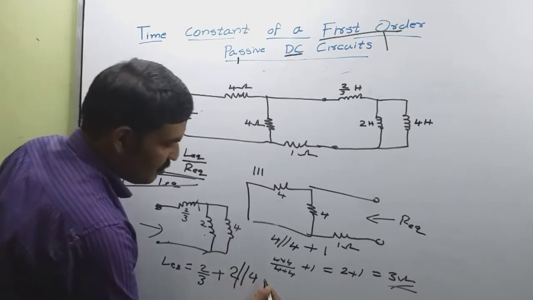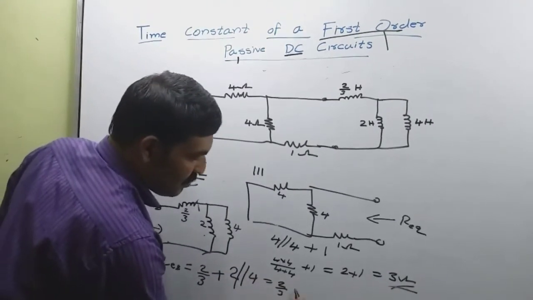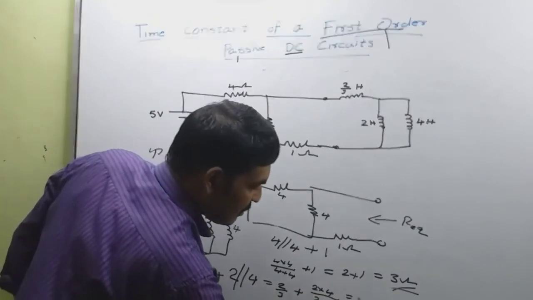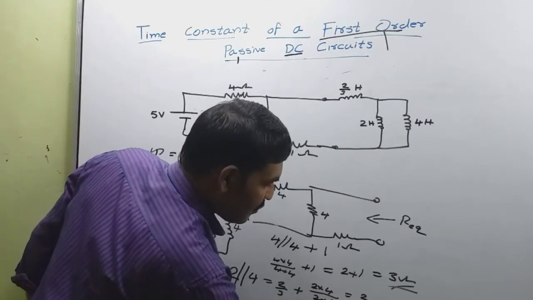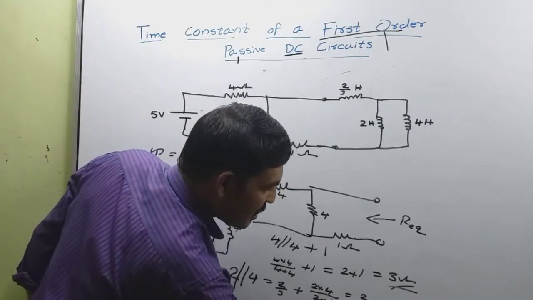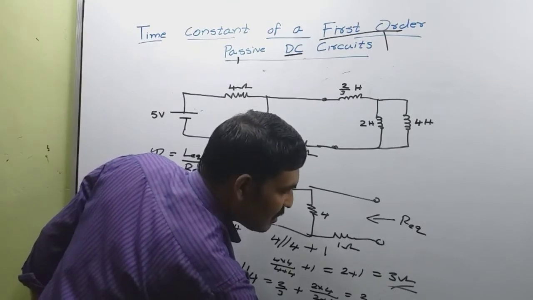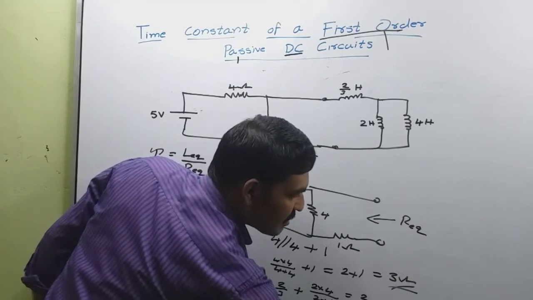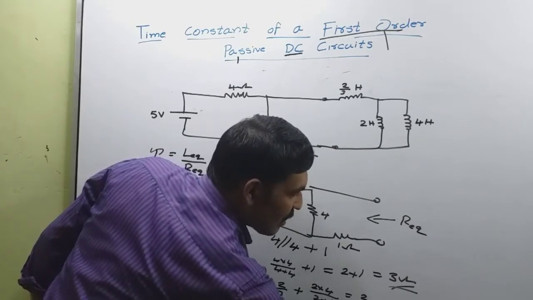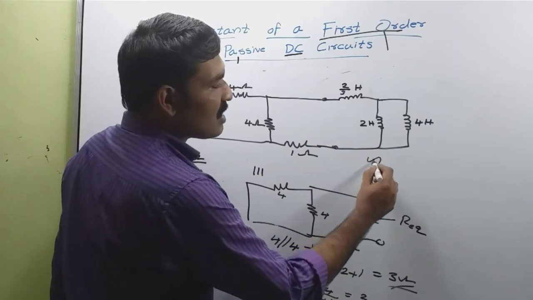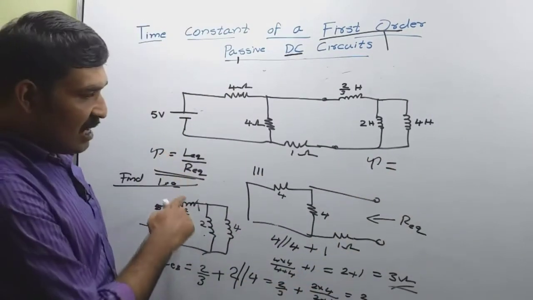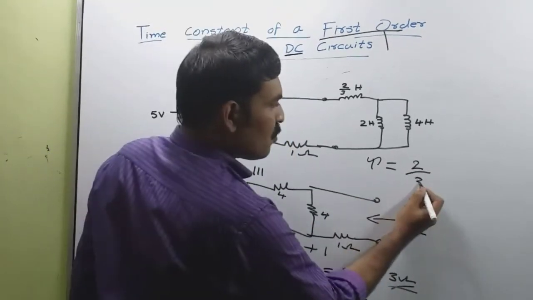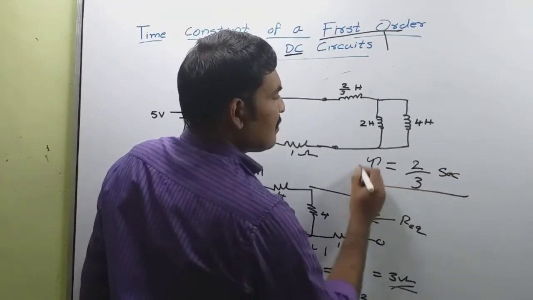That is 2/3 plus 2 into 4 by 2 plus 4, which is 2/3 plus 8/6, that is 2/3 plus 4/3, equal to 6/3, that is 2 Henry. Therefore, our time constant is L equivalent, which is 2, divided by R equivalent, which is 3. That is 2/3 seconds.